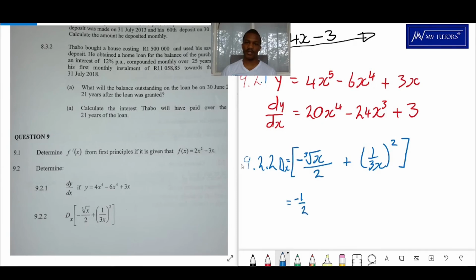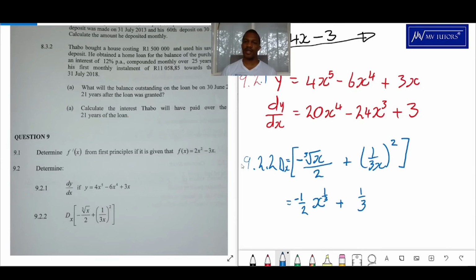Oh, and it's negative. And then the square root of that is like saying x to the power 1 over 3. Let me just rewrite that nicely. And then that's plus, I'm gonna take out the 1 over 3 once again, separating the number from the variable.